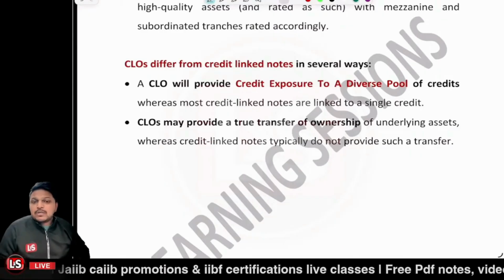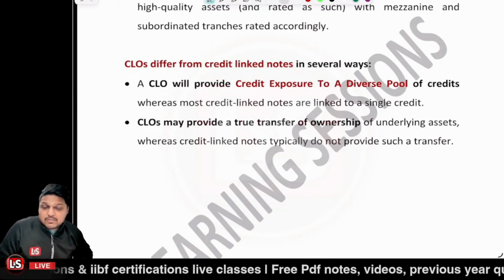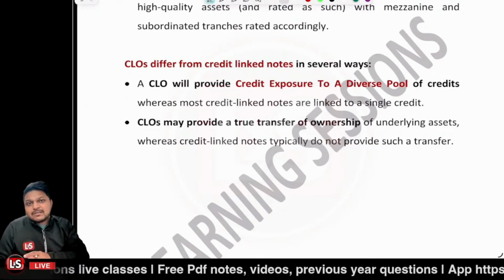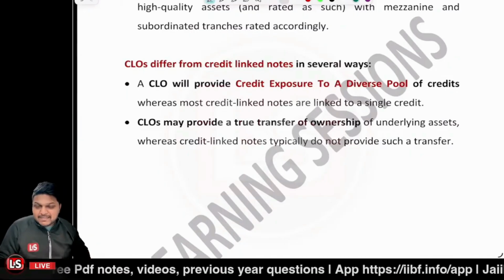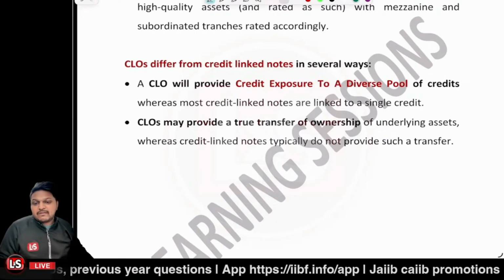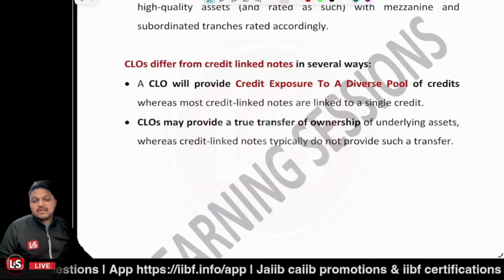And CLO is going to provide a true transfer of ownership of the underlying assets. Those are truly transferred from the originator, the seller, to the buyer, that is the ARC. But that was not the case in the CLN, the credit linked note. So that's the major difference between them, right?